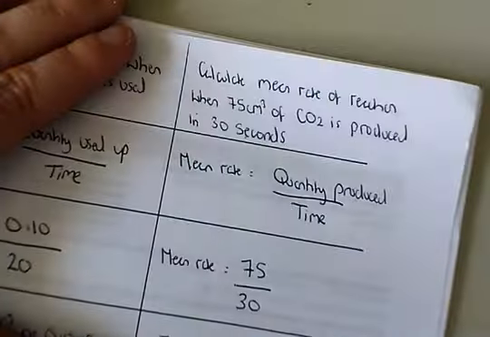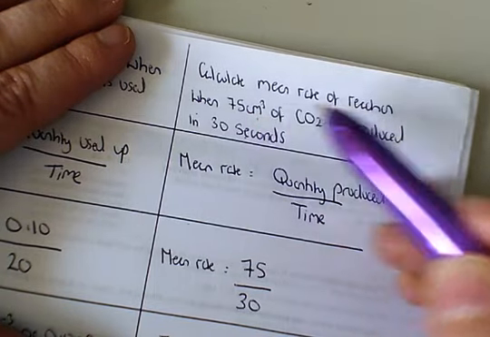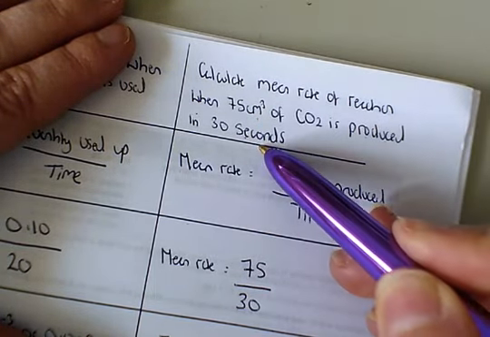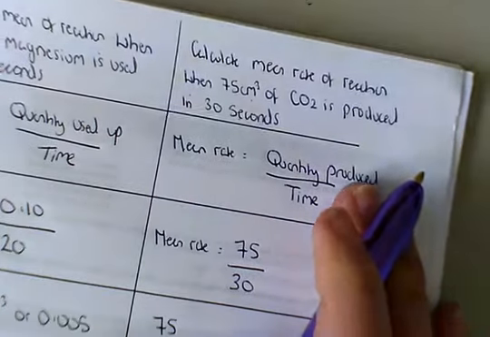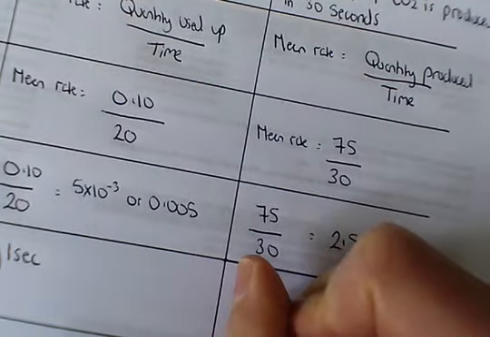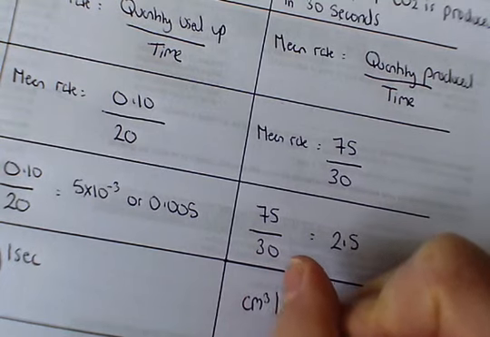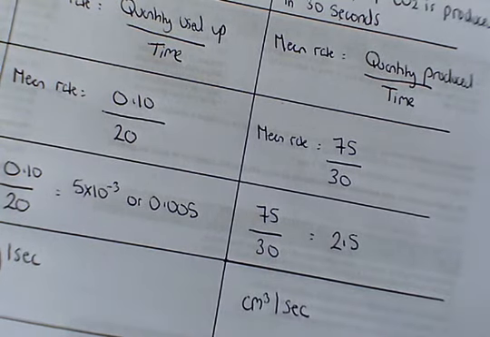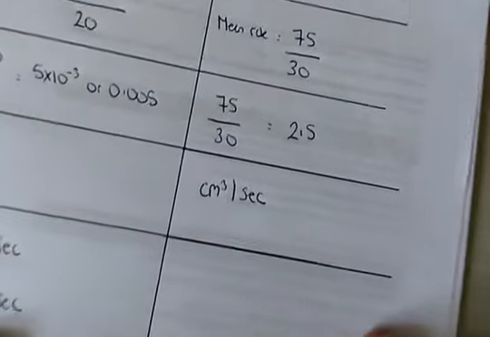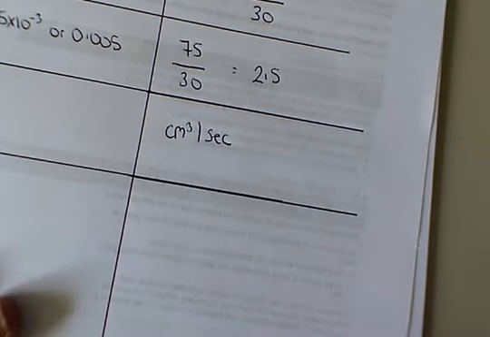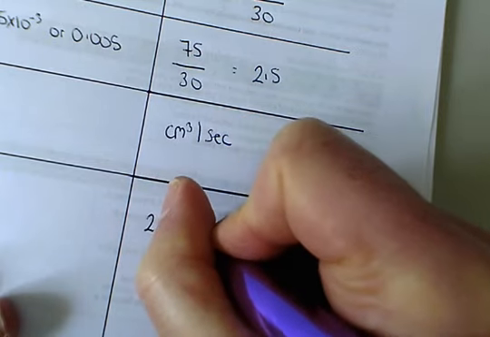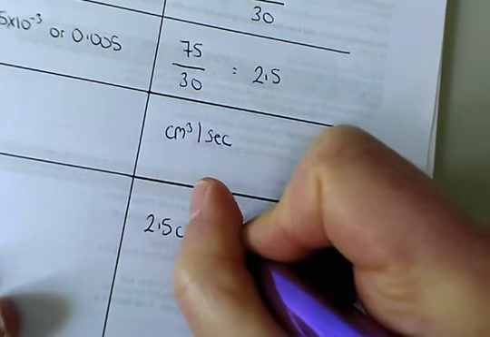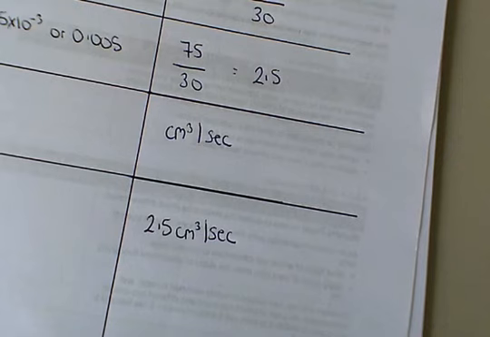So we have cubic centimetres produced in 30 seconds. So the units here are actually the same as our first example. They are cubic centimetres per second. And so if I put everything together for my last example, the answer is the mean rate of reaction would be 2.5 cubic centimetres per second.